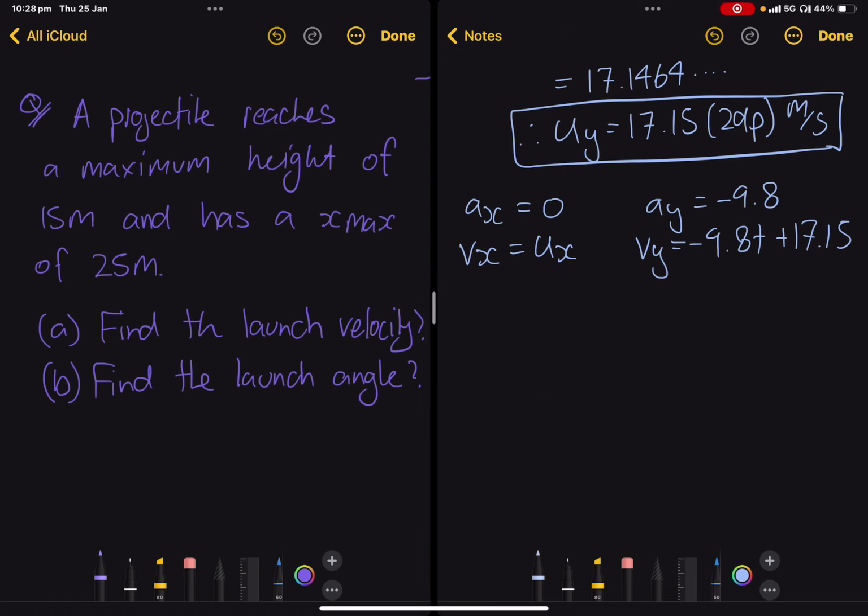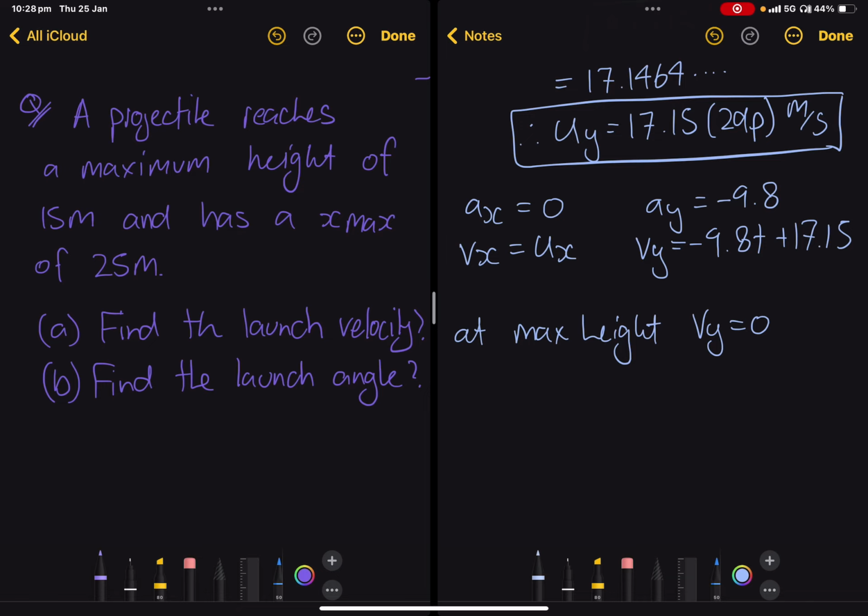The way we're going to use this is we're going to be quite clever about this. At max height, we know the velocity in y is 0. So the t value associated with v of y being equal to 0 will be 1/2 of the time of flight, because that's how long it will take us to get from the start to the very top.